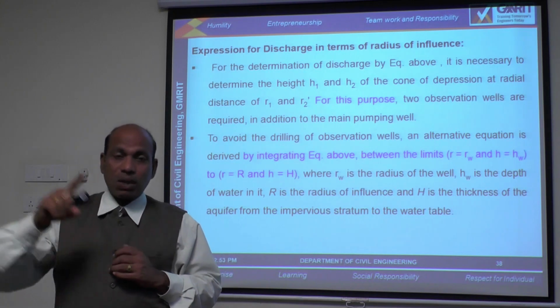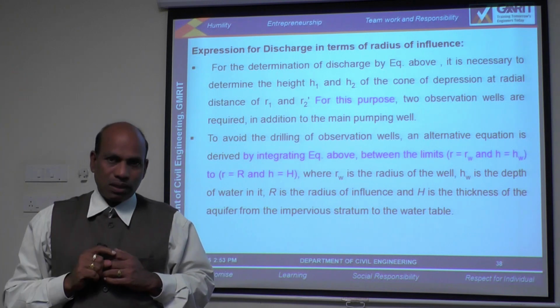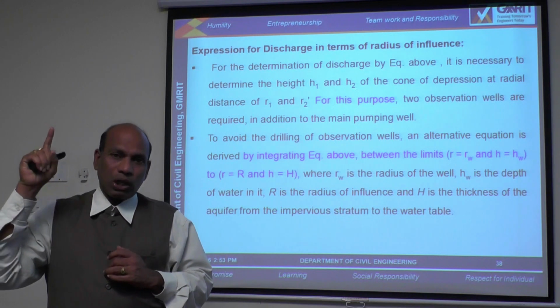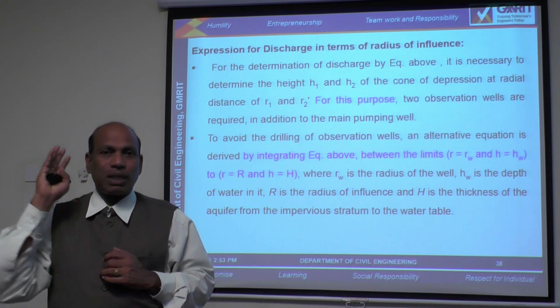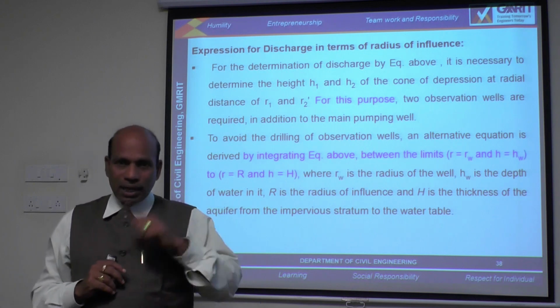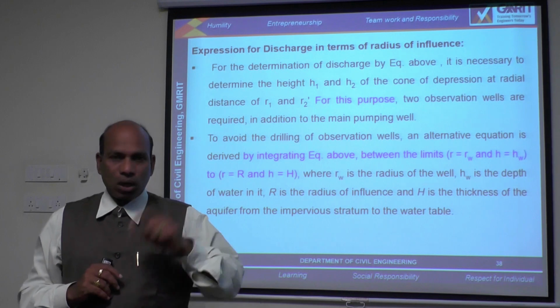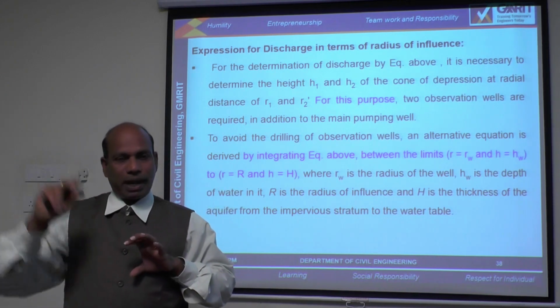That means the radius of influence touches the ground, that is capital R, the cone of depression radius, and where that touches the ground, the water level from that level to the impervious layer is nothing but H. So now we take one condition as the main well and another as the extreme condition.